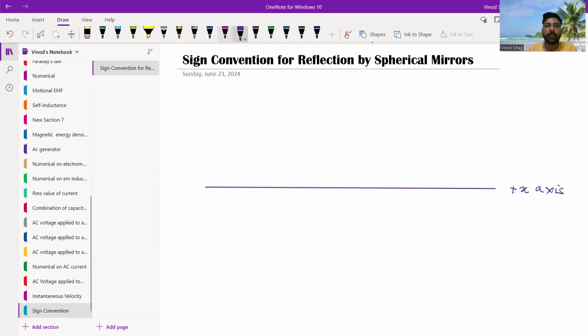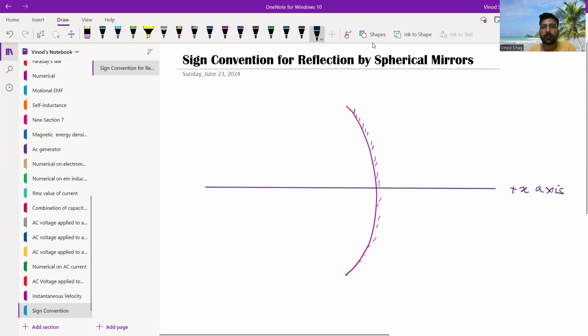And here I'm drawing a concave mirror, and the polish is done on the outward curved side. And there will be some points, and this point is called the pole.